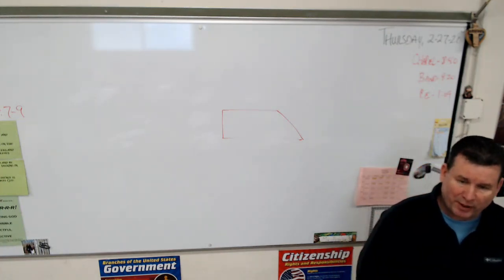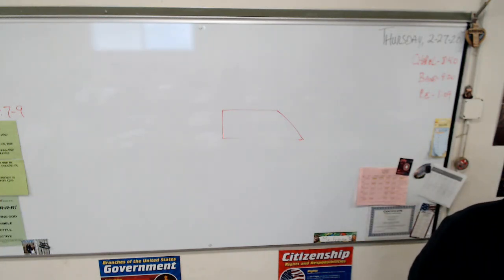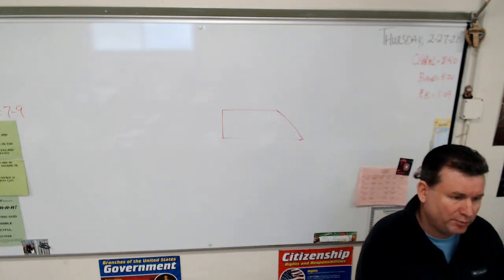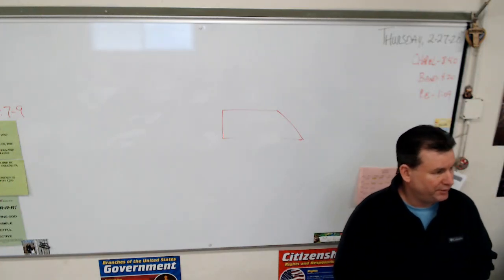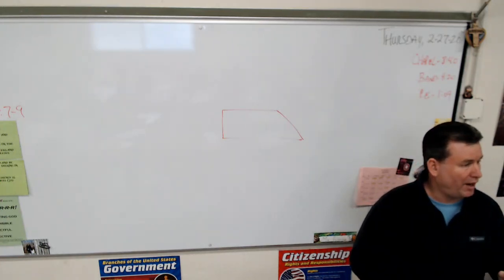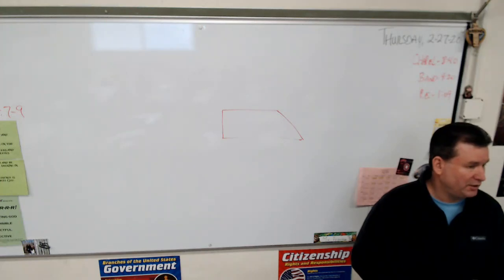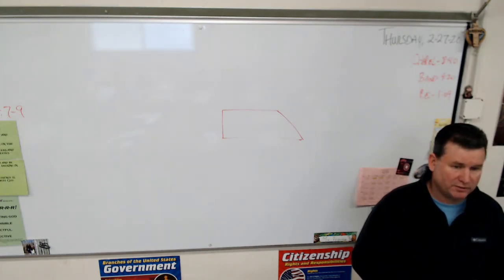Why? Because it's a parallelogram and all the sides are the same length. Wait, isn't that what a square is? What's the difference between a rhombus and a square, if there is any? Or how about if I ask you this? Is a square a rhombus?